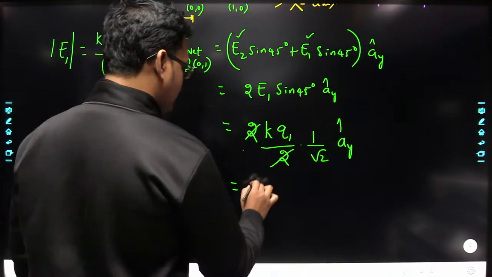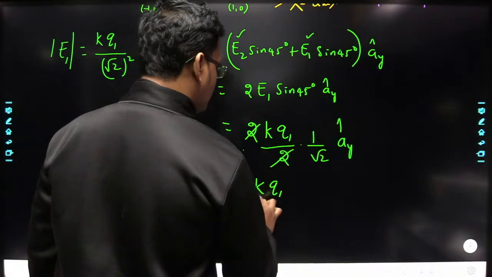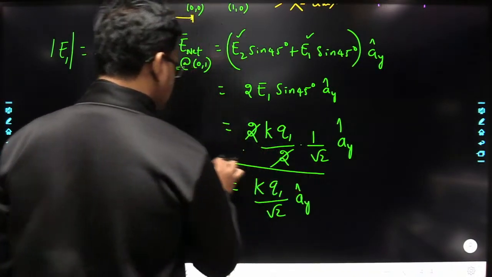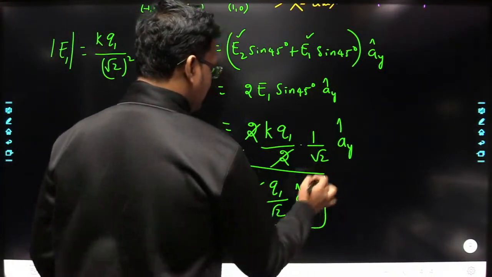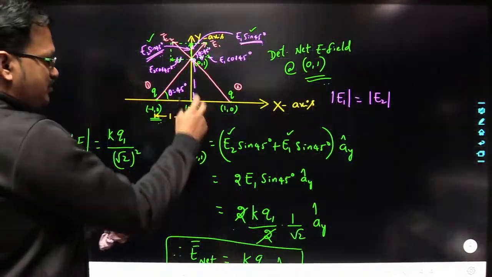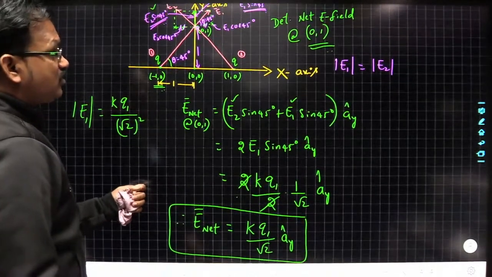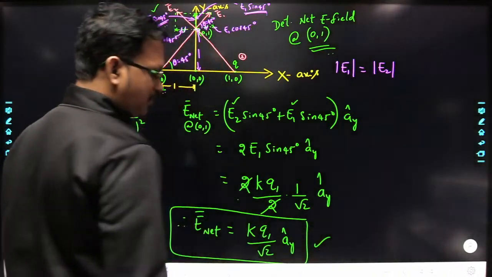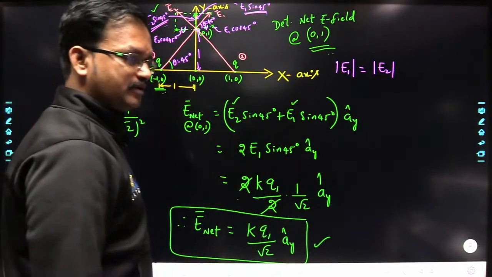So you will get simply K into Q1 divided by root 2, y-cap. So this is the net electric field at this point. So due to these 2 point charges, the net electric field will be equal to K into Q1 by root 2 y-cap. Right? Okay.